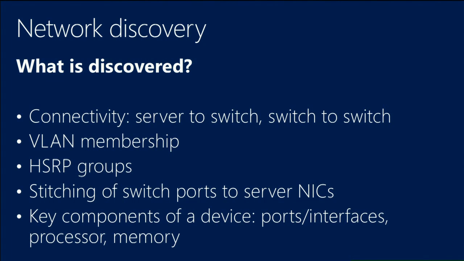If it's a Cisco device, we also collect the membership of the HSRP groups, which are basically like high availability groups in Cisco. And one of the things we'll have a look at in a second is we'll stitch that port to a VM or a server NIC if we find the corresponding NIC and MAC address and IP address in Operations Manager.